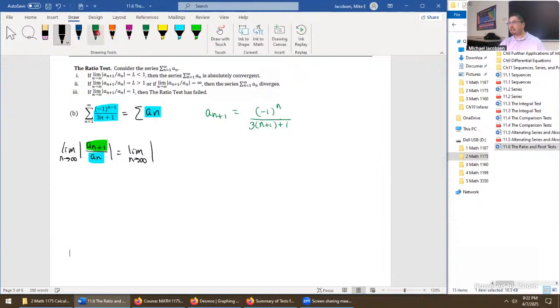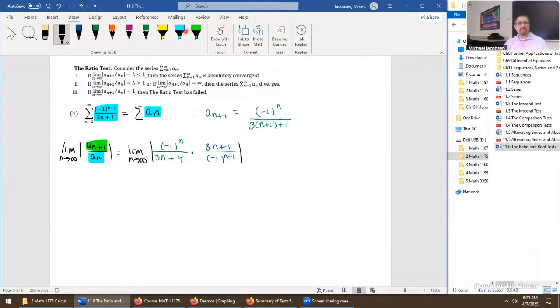As n goes to infinity, absolute value of the structure, (-1)^n. Let's just combine like terms, 3n plus 3 plus 1, so 3n plus 4, times the reciprocal of that part, so 3n plus 1 over (-1)^n minus 1.